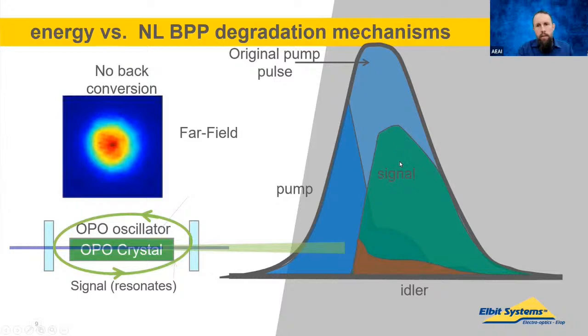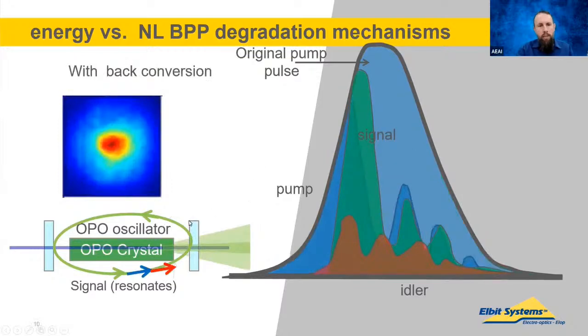This signal is going to have good beam quality as long as we take care that the oscillation process does not generate some undesirable amount of other wavelength, which is something we can expect in a nonlinear process, because as we know, all three wavelengths are interrelated in the nonlinear process.